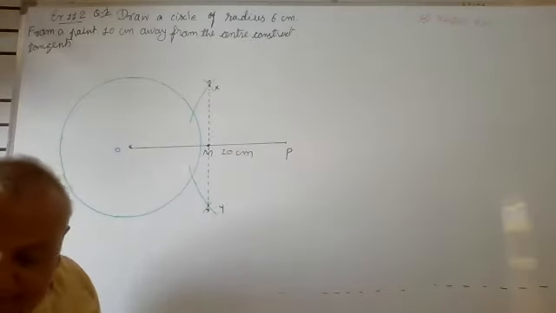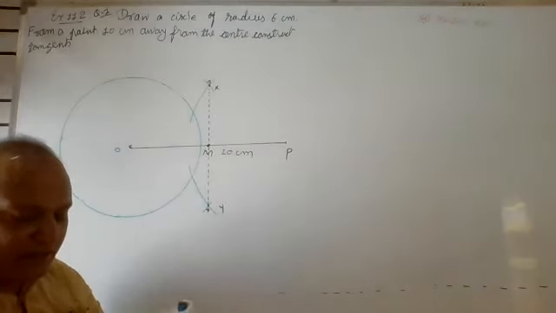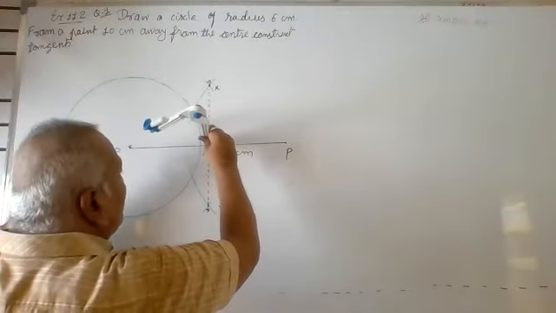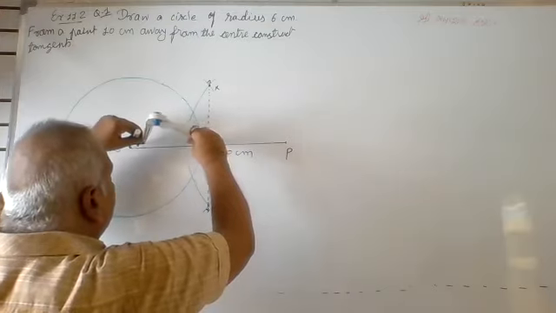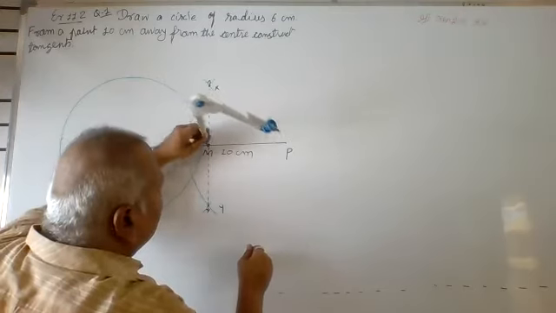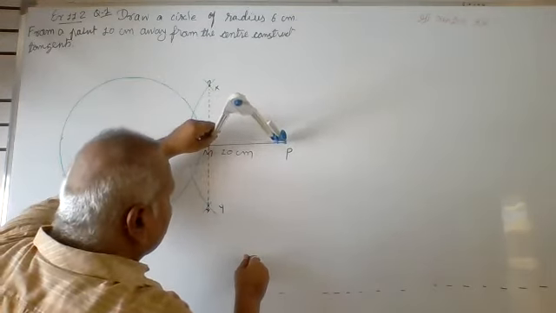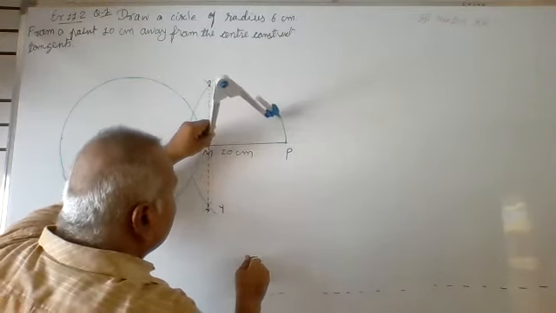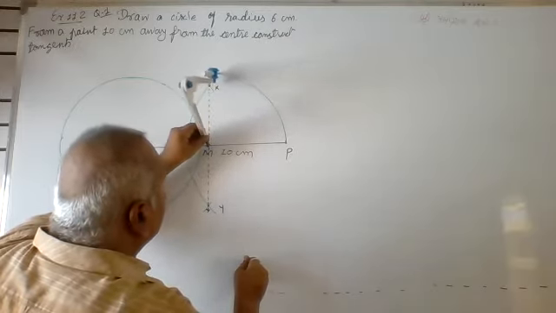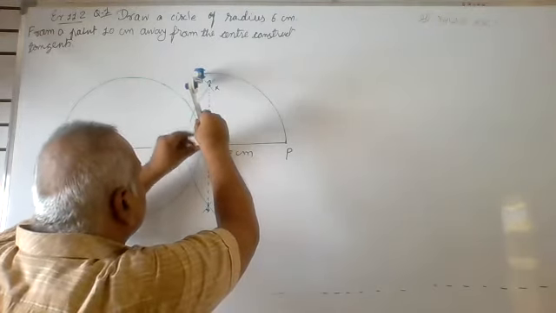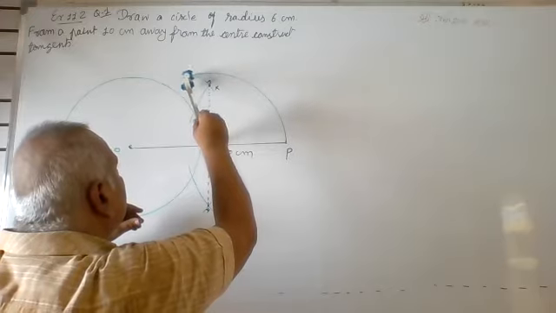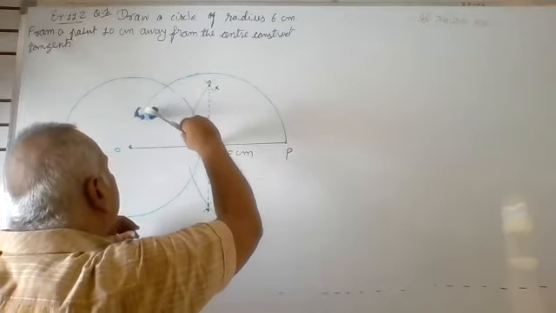Now from M we have to construct a circle. We put the pin of the compass at M, then take a measurement with the compass. Both must be equal. Yes, we can see this measurement is exactly identical, and from here I have drawn a circle that must pass through both the points.